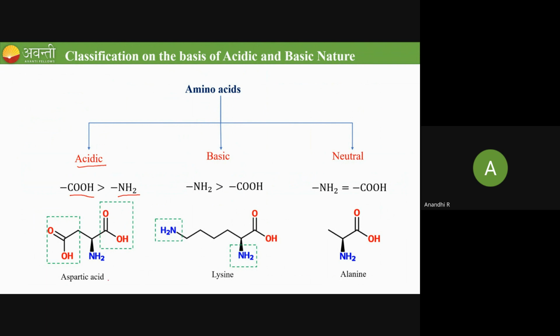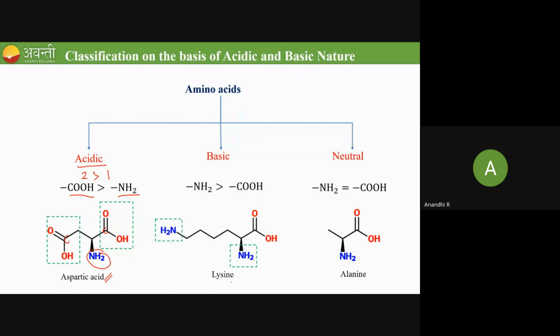You can see here aspartic acid is an amino acid in which two COOH groups are there and only one NH2. So COOH is more than NH2. Okay, so it is an acidic amino acid.